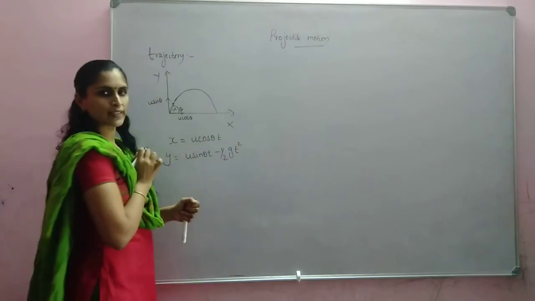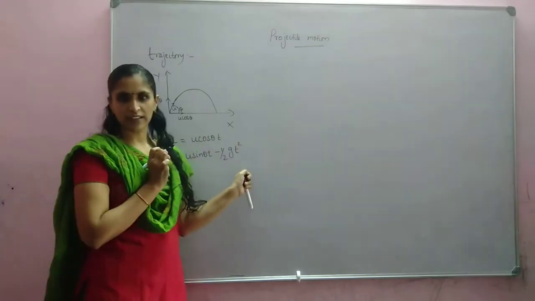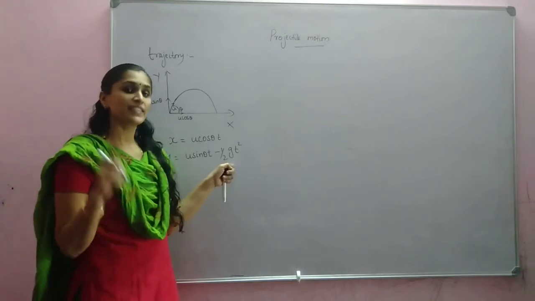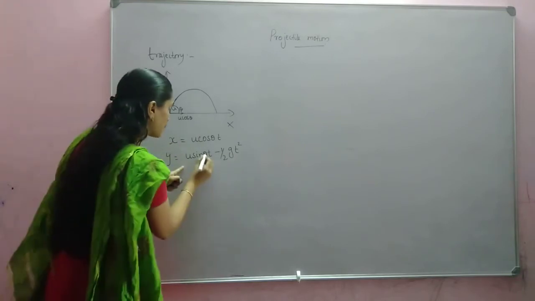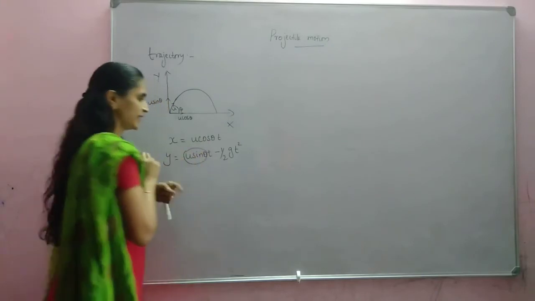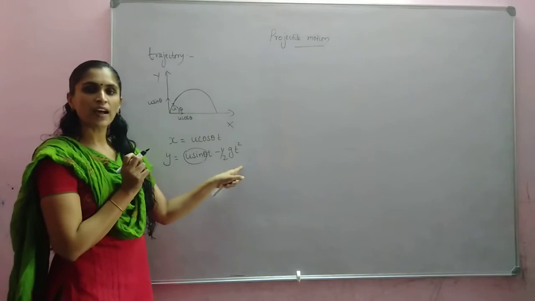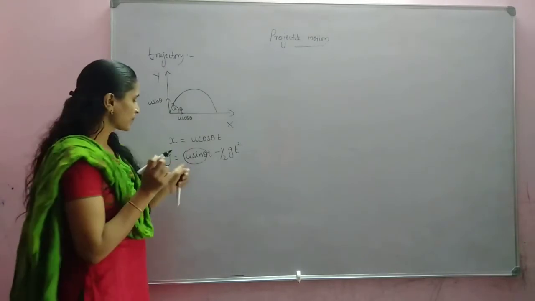Here the acceleration is due to gravity, acting vertically downwards, and the y component of initial velocity is u sin theta. This is the y component.